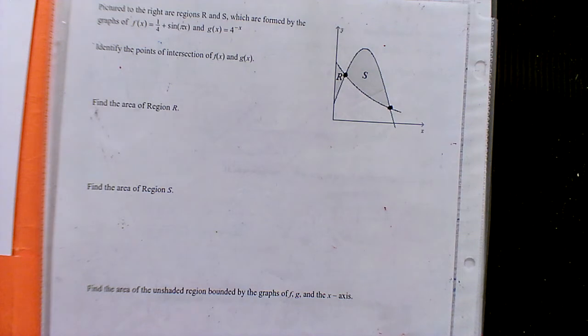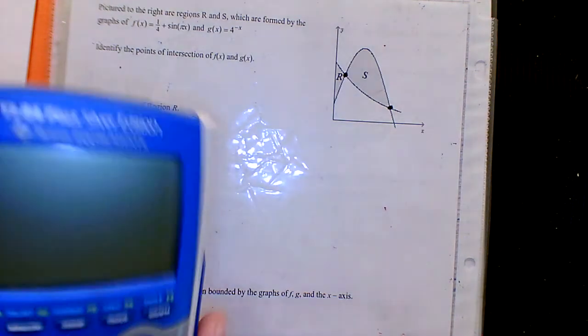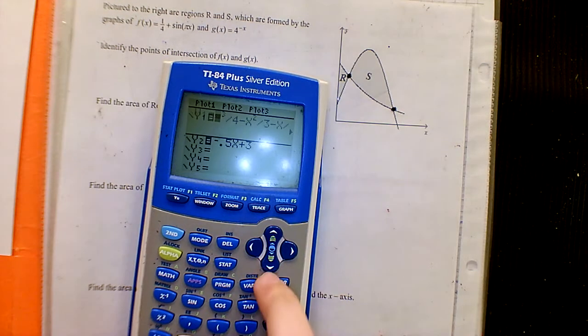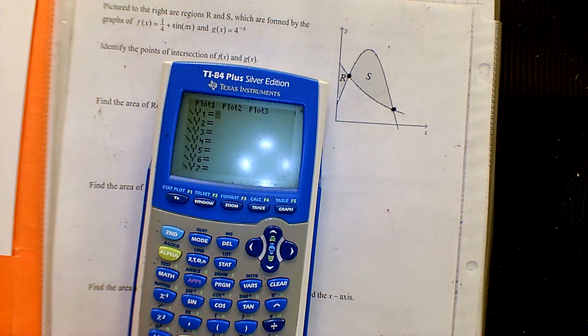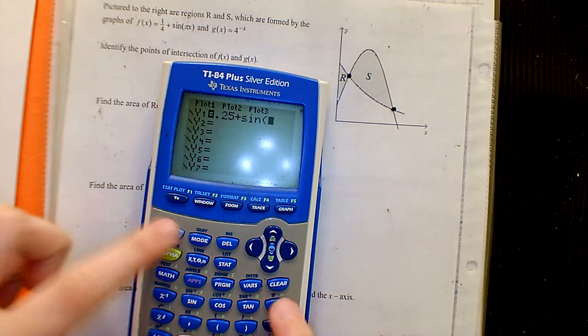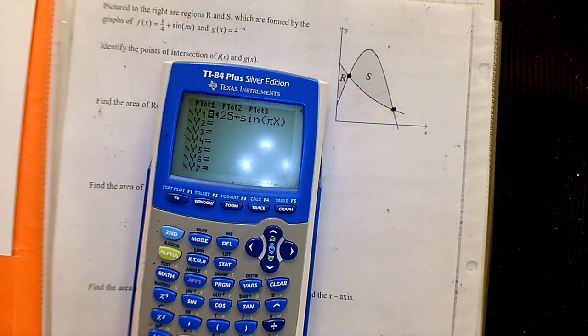So knowing those intersection points is going to help us set up our integral in terms of our bounds. So this is why we need our calculator today. We're going to go ahead and graph these functions and figure out their intersection points. Make sure you're in radian mode because we're dealing with trig.